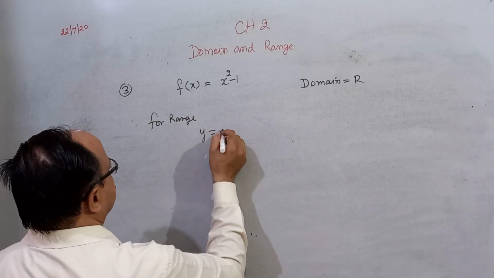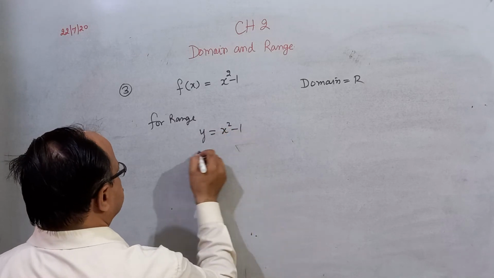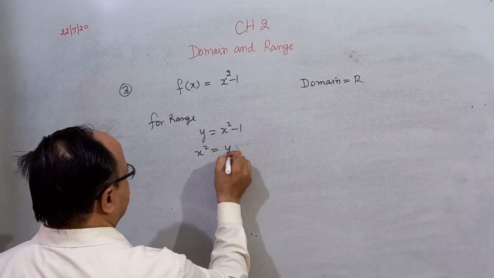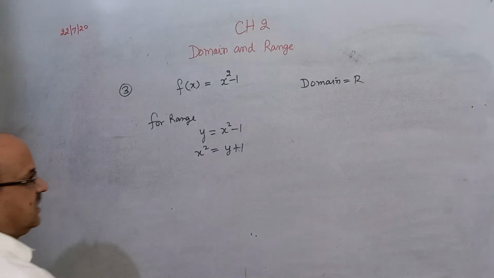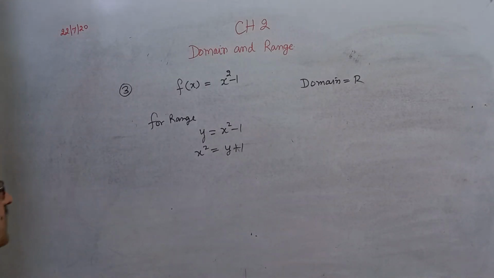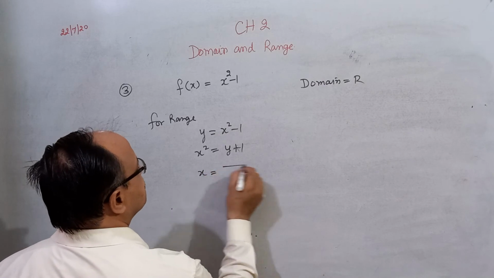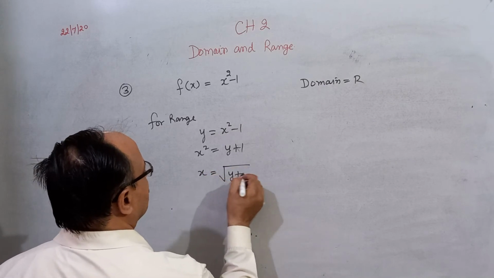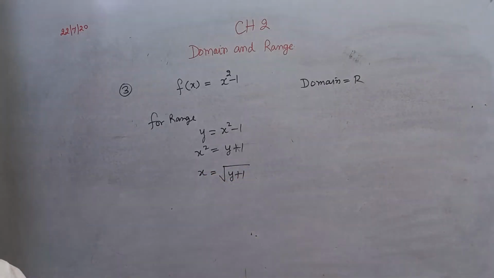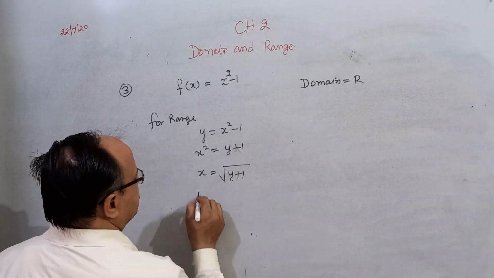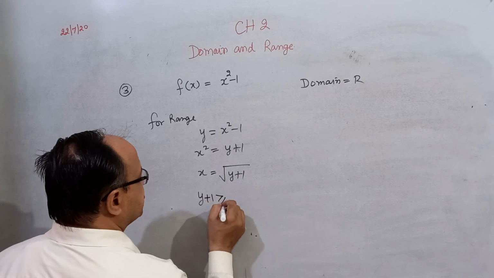put f of x equal to y. x square minus 1 equals y, so x square is equal to y plus 1. Therefore, x is equal to root of y plus 1. And you know that y plus 1 is always greater than or equal to 0.